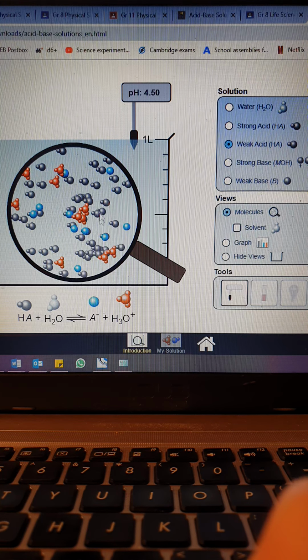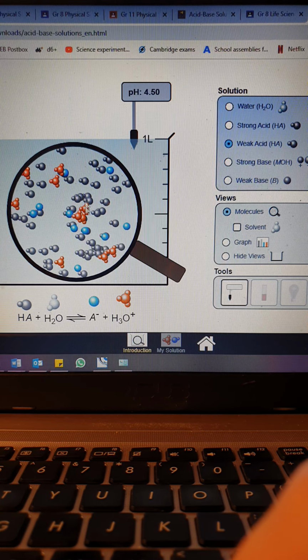This is weak because the majority of the acid molecules are still in solution and haven't ionized. Here you can see it's a reversible reaction. The blue and the red keep going back, but at one time the concentration of hydronium ions, the red ones, isn't that high compared to the strong.